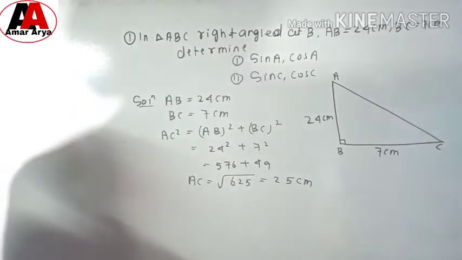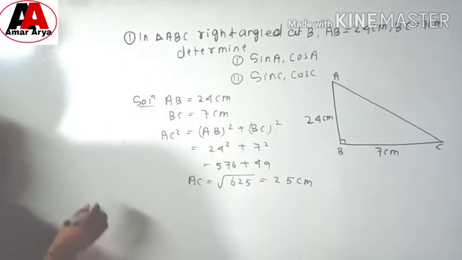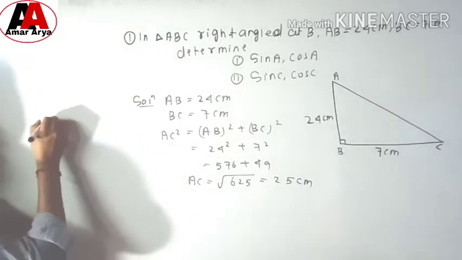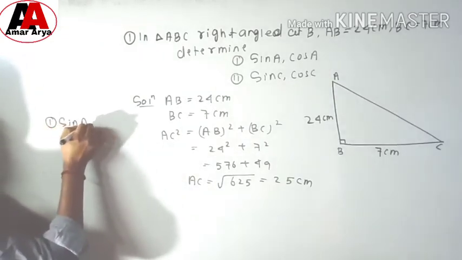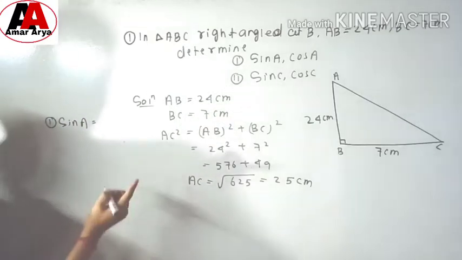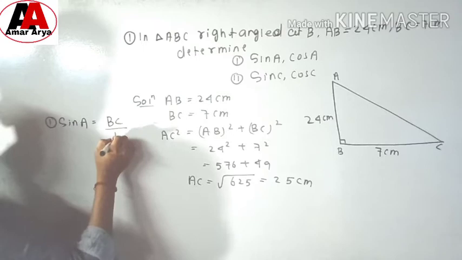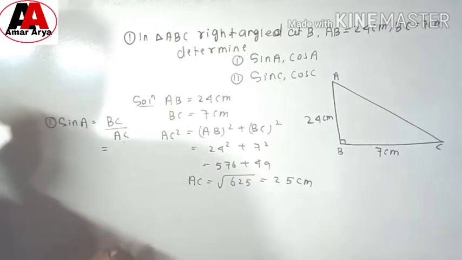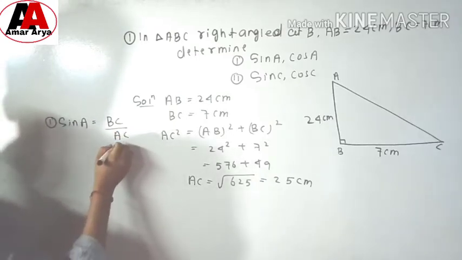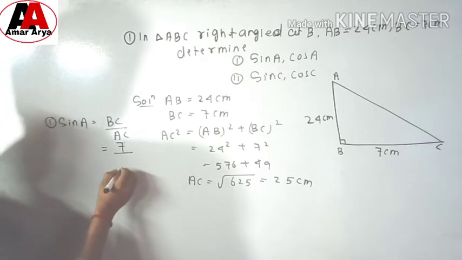So we need to find here sin A and cos A. Please take the formula: sin A means the side opposite to A, so we can write BC by AC. BC is 7 and AC is 25.